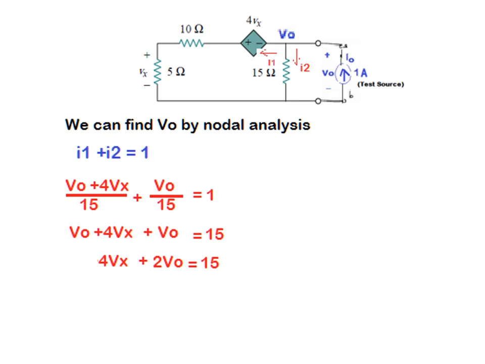And from here we simplify. So we have now 4Vx plus 2V naught plus 15. We have to get rid of one of these. So what is Vx? If you look at the circuit, this current I1 multiplied by 5 is Vx.